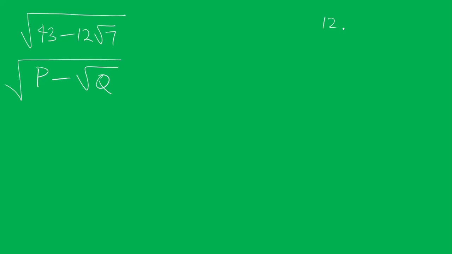You have 12 square root of 7, which is the same thing as saying 12, the square root of 144 is 12, so 12 times the square root of 7 is the same thing as the square root of 144 times the square root of 7.